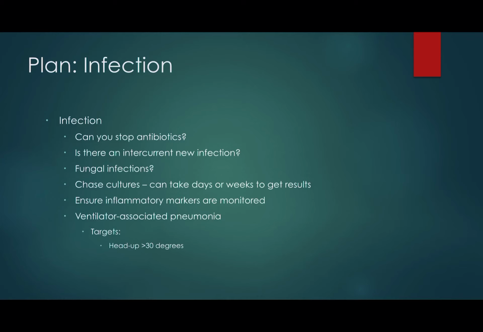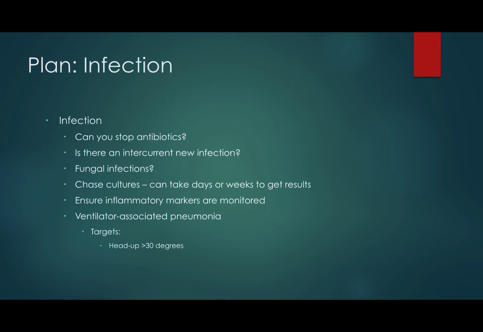Ventilator-associated pneumonias are really common and one of the most common sources of secondary infection on intensive care, and as such have a low threshold for investigating for one with either chest x-ray or with cross-sectional imaging, depending upon where it may be.